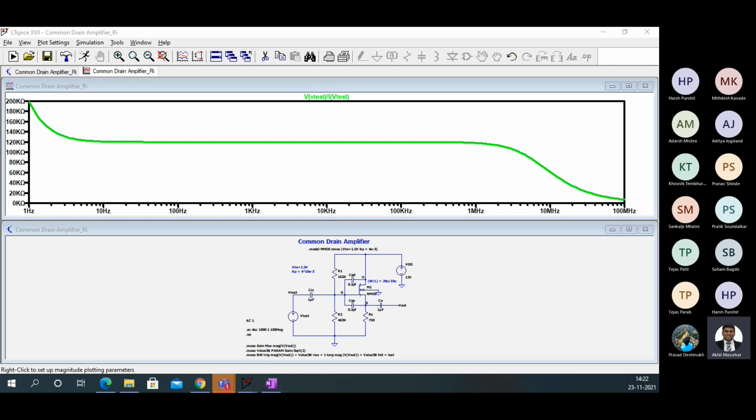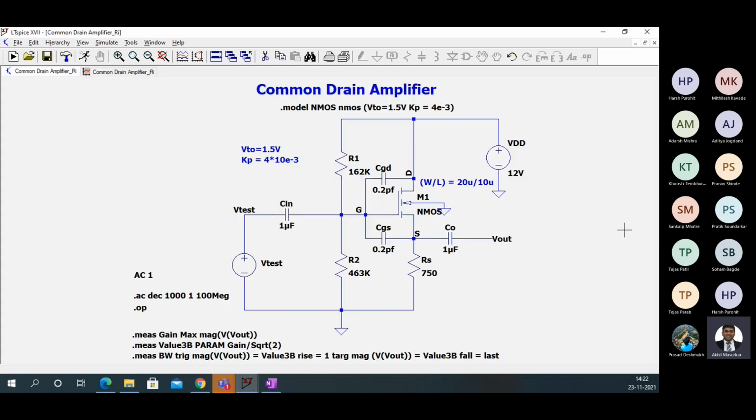Okay, Mithilesh, answer is right. Come on, others, quickly do it. You have to change the nomenclature here. Ri test and Ri test.